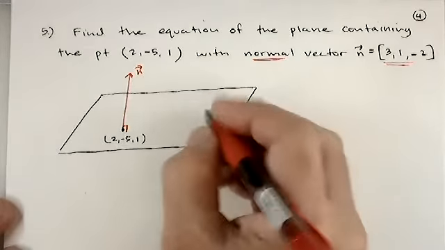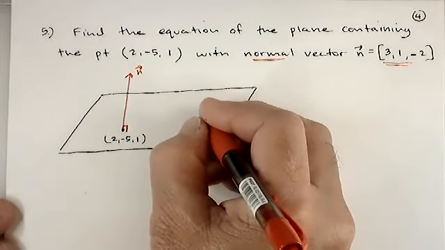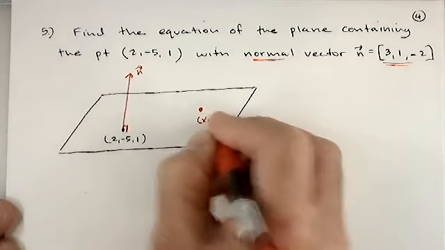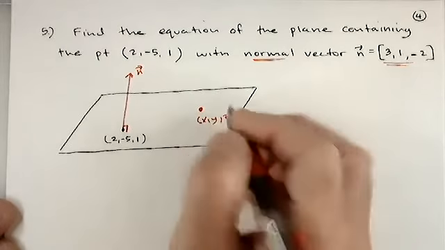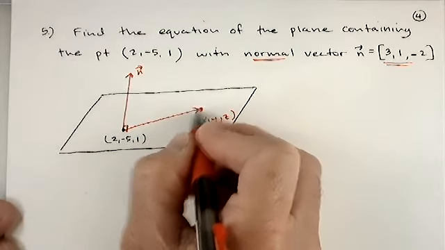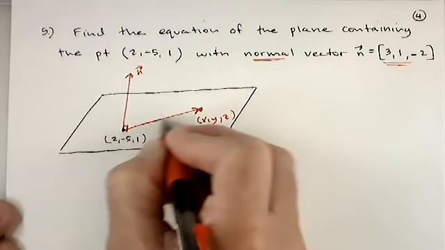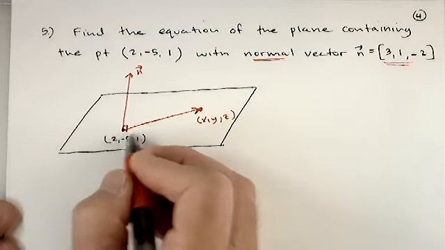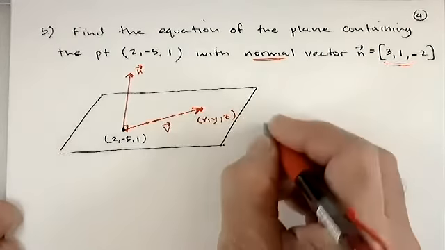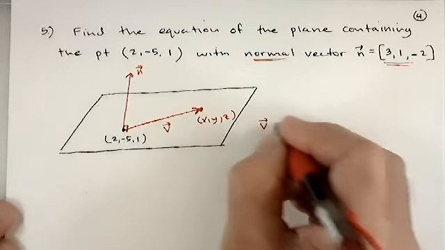And then what I could do is pick another random point in my plane. Let's just call it (x, y, z). I could generate a vector between (2, -5, 1) and (x, y, z). Let me call that vector V. And in fact, let's find vector V, because remember how we do it?